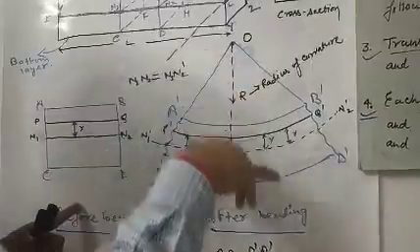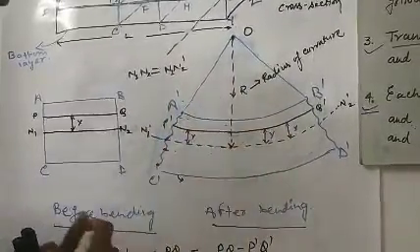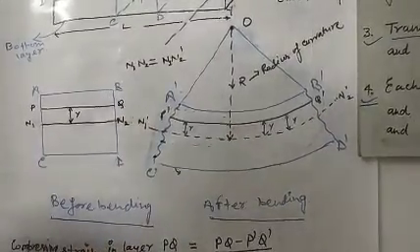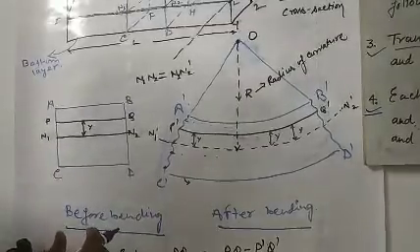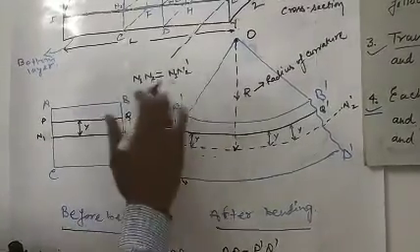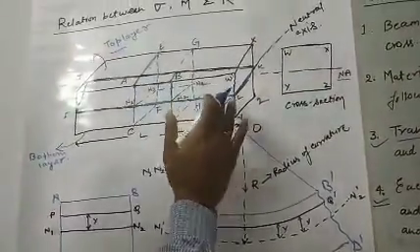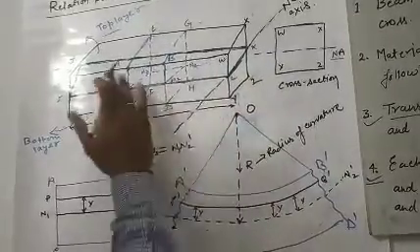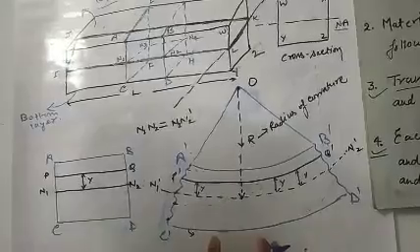When the beam is bent like this, from this curvature into this curvature, then it is known as sagging bending. Already we have covered it in the SF and BM portion. Usually this situation happens in the case of a cantilever beam, or say this beam is simply supported, and sagging bending occurs in the beam, right?